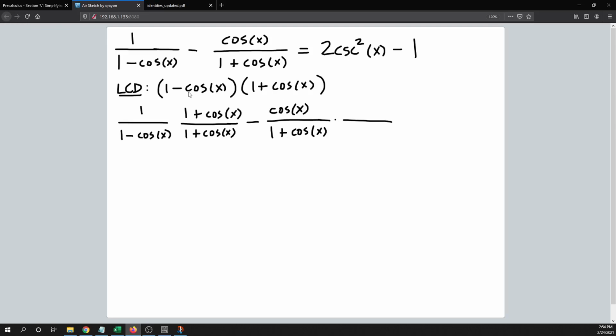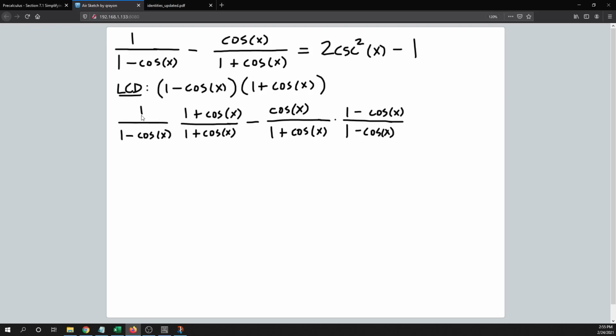So I'm going to multiply the bottom by 1 minus cosine x. Then I'm also going to multiply the top by 1 minus cosine x, the exact same thing that's on the bottom. Again, this will keep everything balanced out. I'm not going to change the value since I'm multiplying the top and the bottom by the same expression. Okay, so that's what I've got.